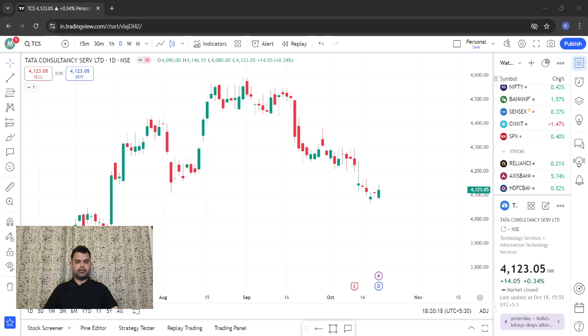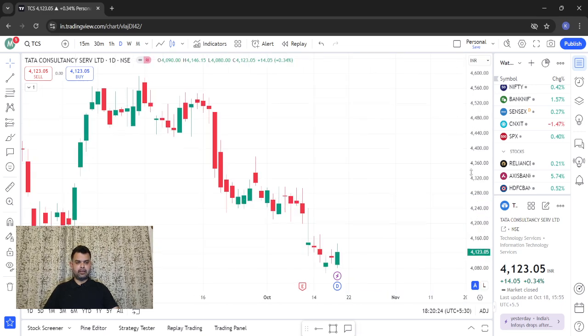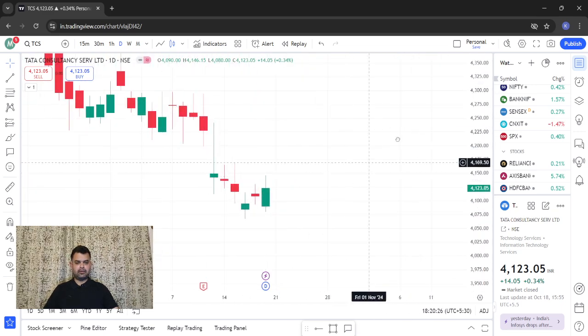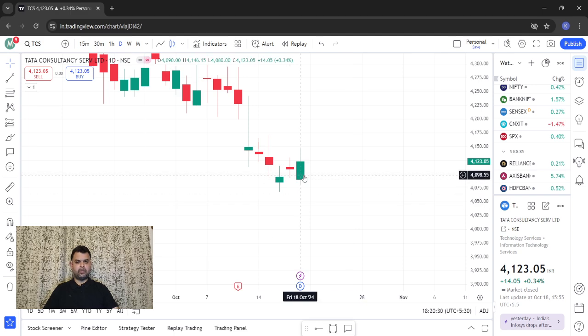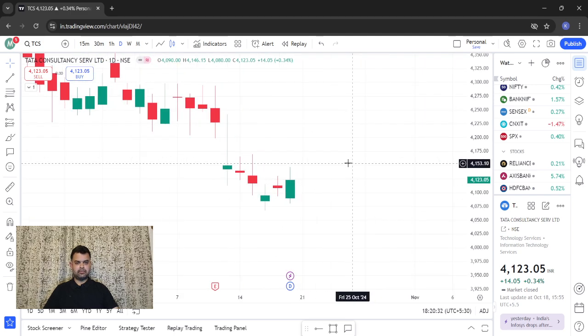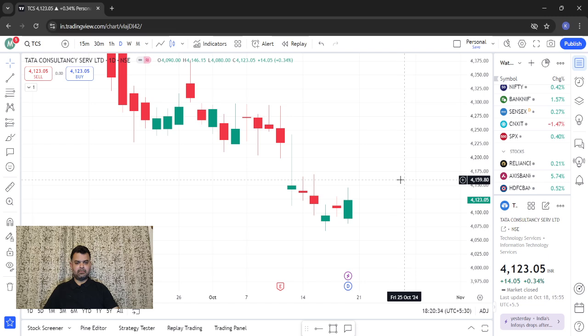The second component is the open, high, low, and close value of a particular candle. So try to find out the open, high, low, and close values by doing a bit of practice.